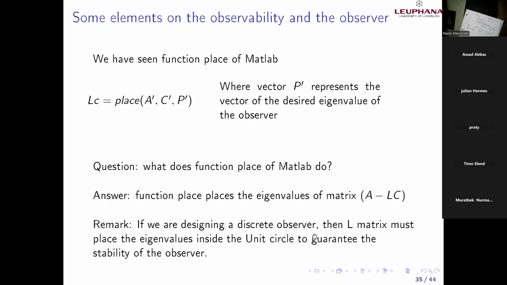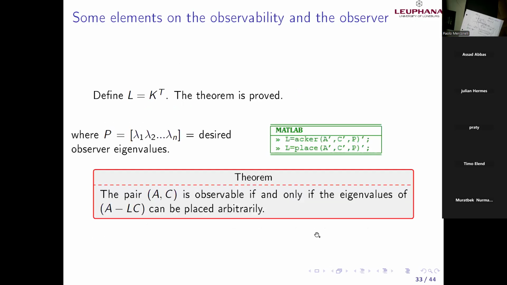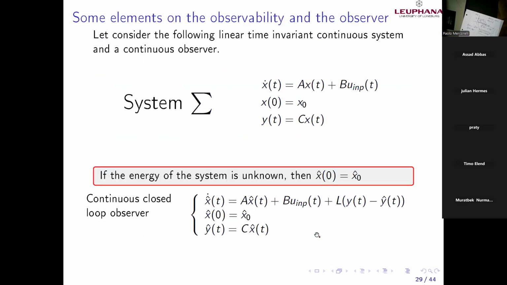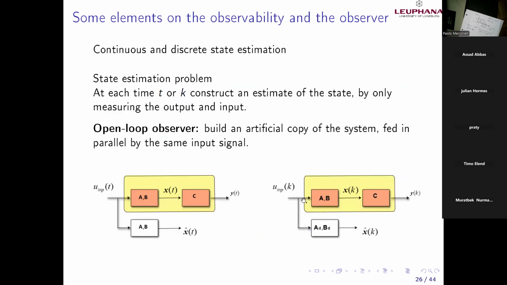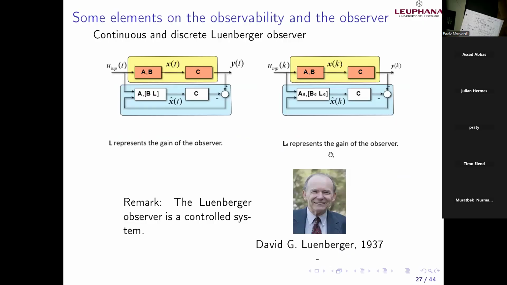At this moment, I told you just that it exists. You remember this exists, and the Luenberger observer, which is continuous, and you can see that the discrete one is quite similar in structure. I would like to say the same, but of course, conceptually, continuous and discrete systems are different.